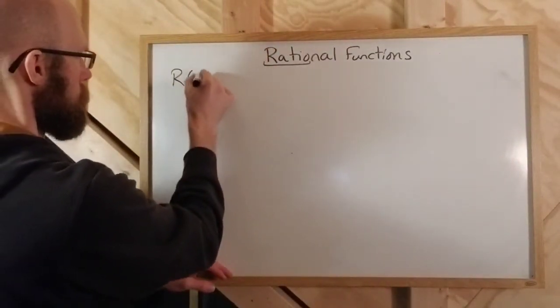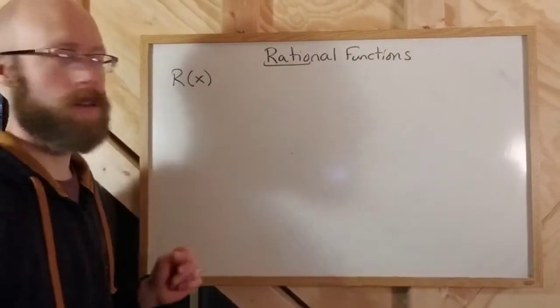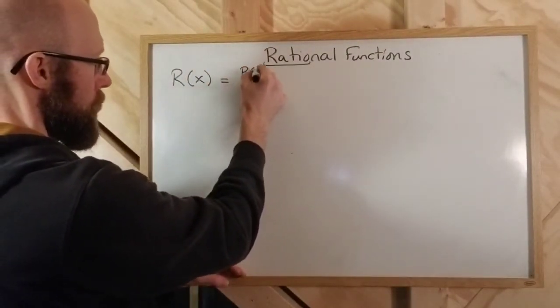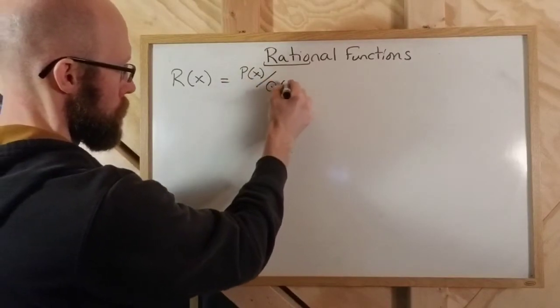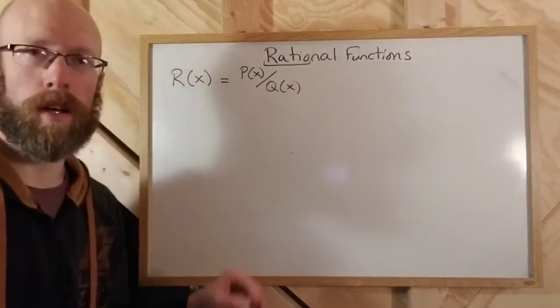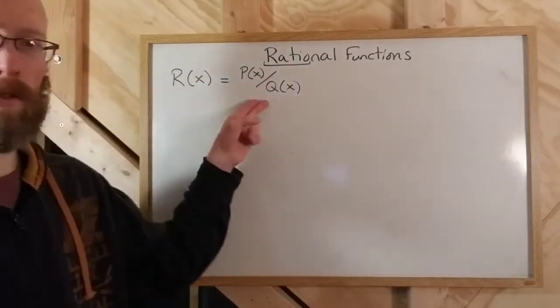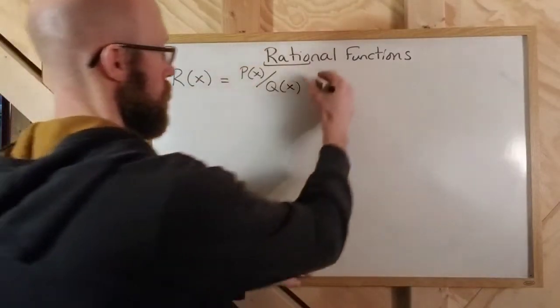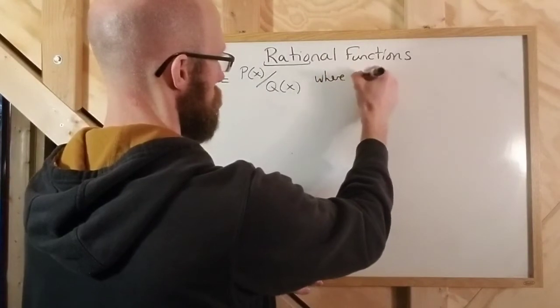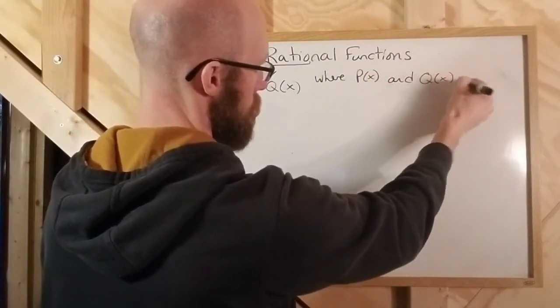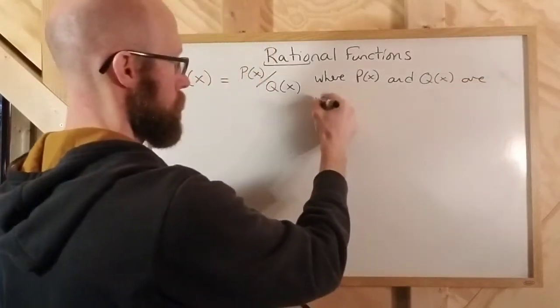Okay, so by definition, a rational function, I'll call it r of x, is equal to a polynomial, p of x, divided by another polynomial, I'll call it q of x. So p of x over q of x, that's a polynomial over another polynomial, where p of x and q of x are polynomials.